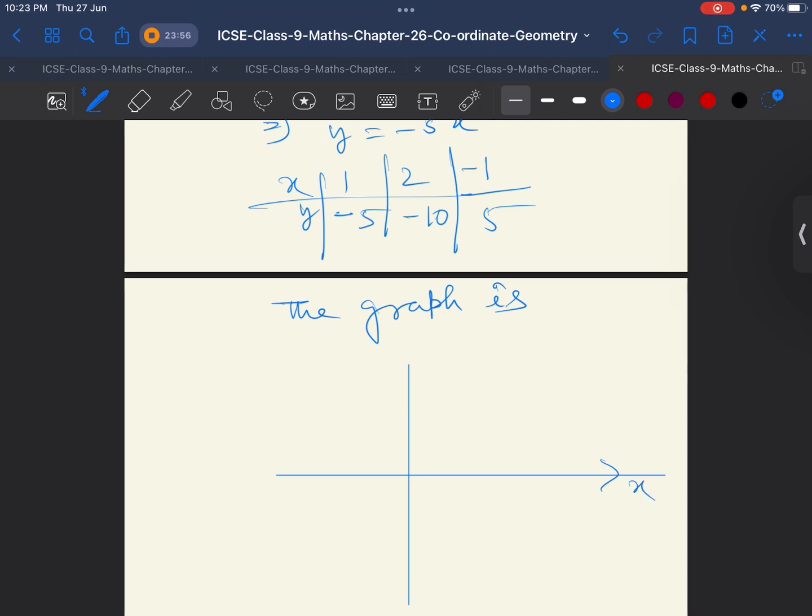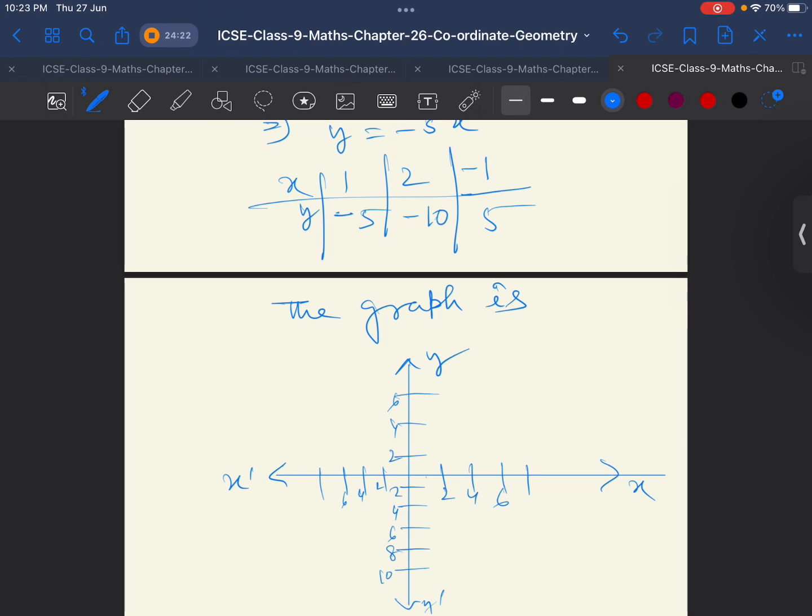We draw first the x and y axis. This is x and this is x dashed, y dashed. Okay, so 2 4 6, 2 4 6 8 10, 2 4 6, 2 4 6.